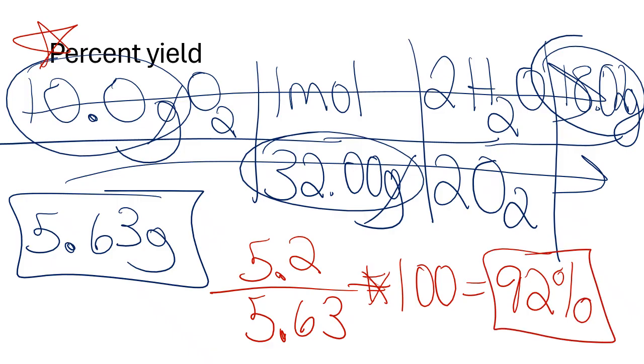That's because 5.2 is 2 sig figs, 5.63 is 3. So when you divide numbers, you go with the lowest of the numbers with sig figs. So I do look at sig figs, and there you go.